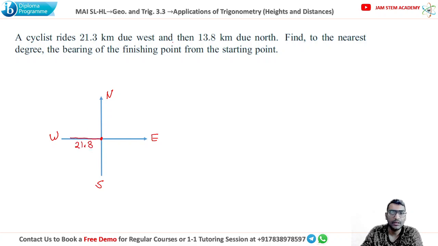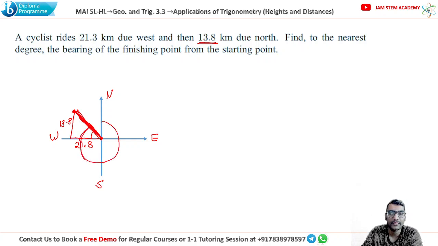Then from there, he rides north for 13.8 kilometers and reaches this point. Now if I join these, it says find, to the nearest degree, the bearing. So they are not asking for this angle, they are asking for the bearing of this, which is always measured from north.